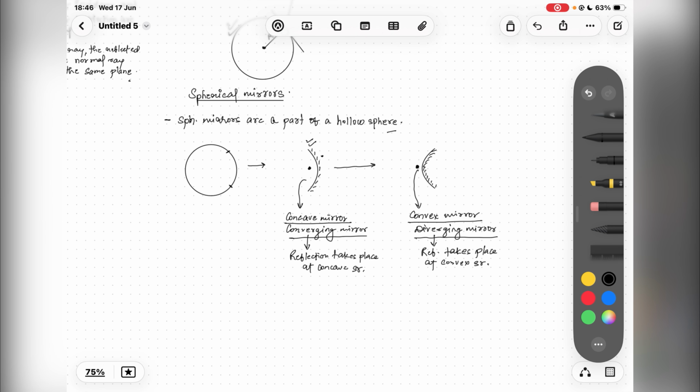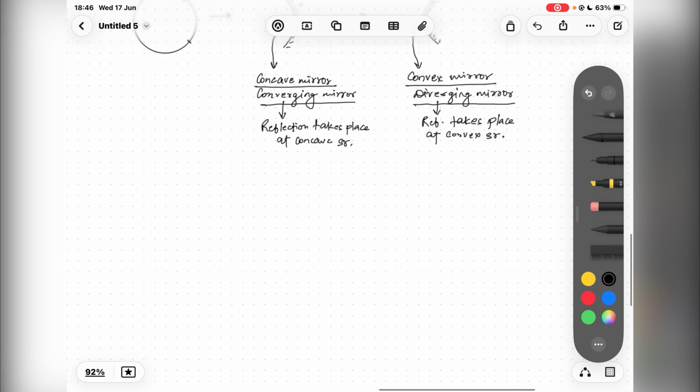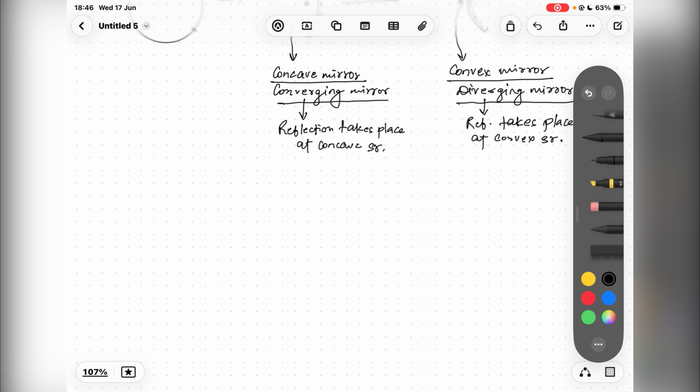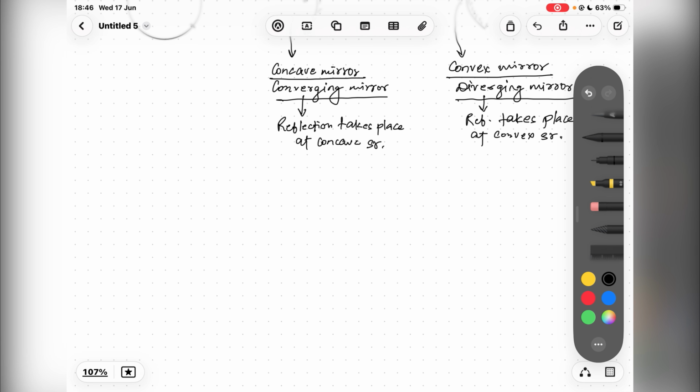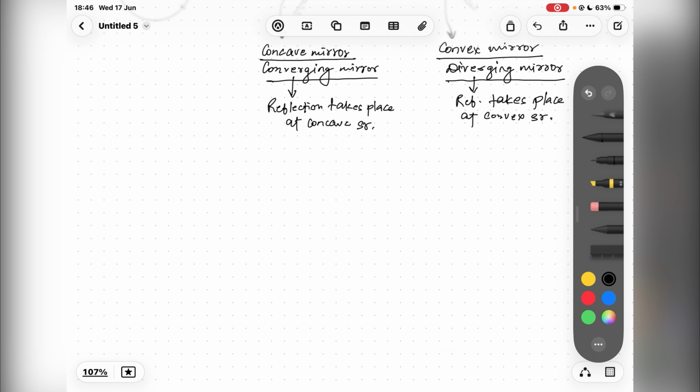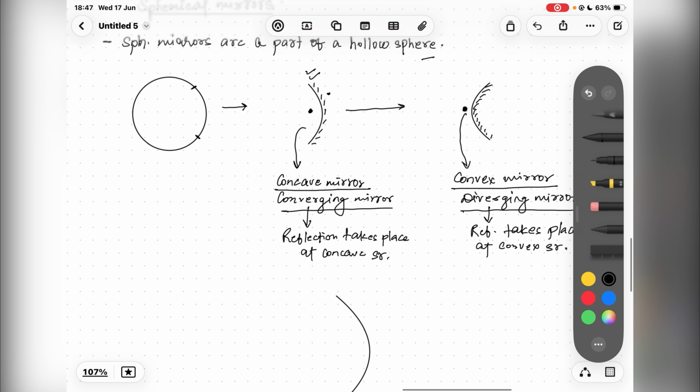Now there are some points that I would like you to keep in mind before we dive deep into mirrors and reflections and everything. That is some terms. Suppose this is a mirror and this mirror is a part of this sphere.